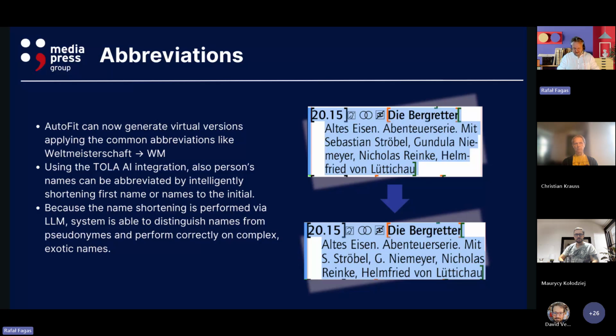It will not shorten it. It works nicely for multiple first names, for things like von, for exotic languages and so on. Because this is based on a large language model, it can do it in a smarter way.